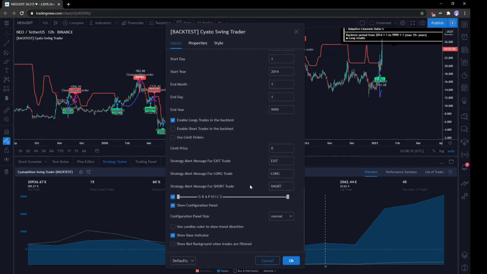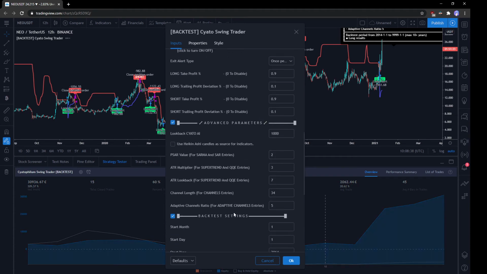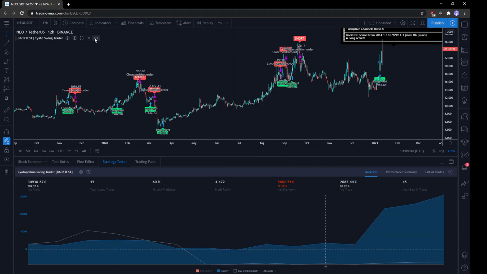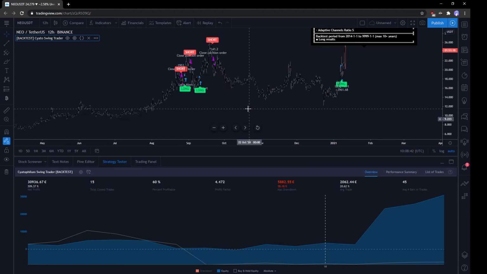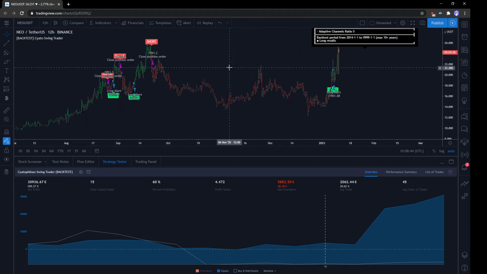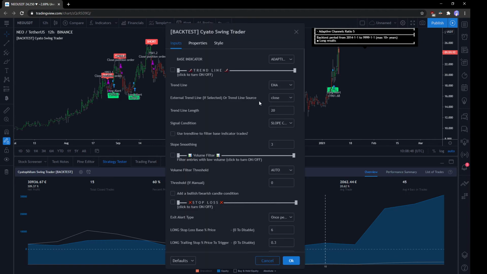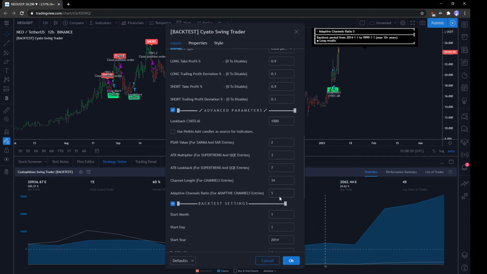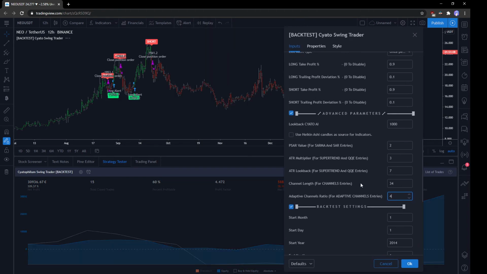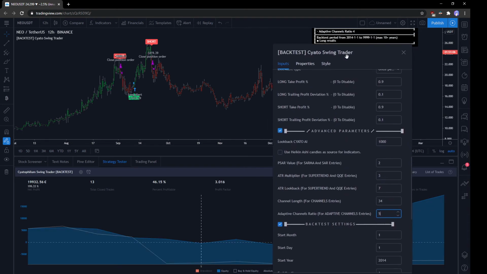I like to change the color of the bars like this so we can see better. So yeah, we can try to change the adaptive ratio a bit to see if it works better.